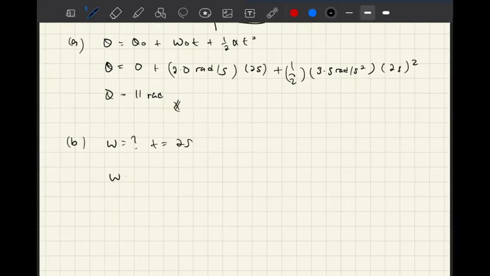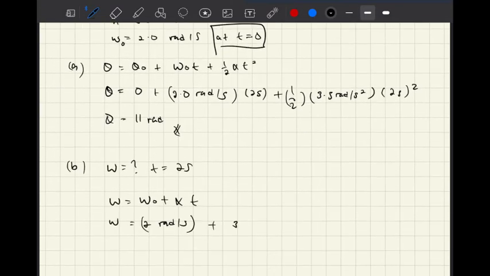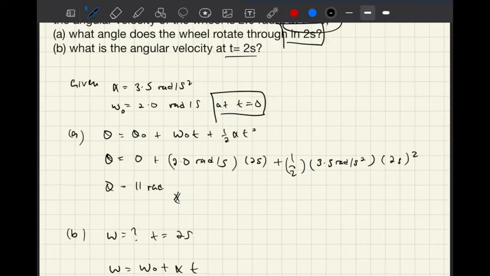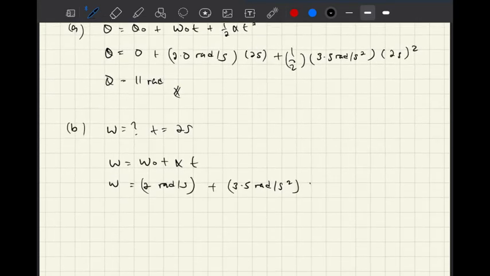So omega equals omega naught plus alpha t. 2 radian per second for the initial speed, and the acceleration will be 3.5 radian per second squared, and the time is 2 seconds.